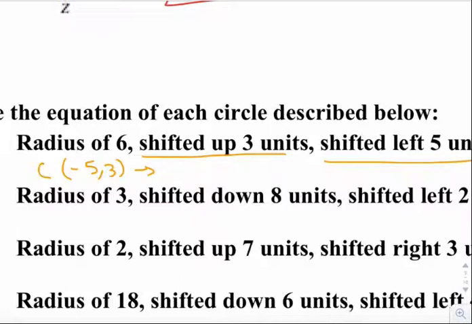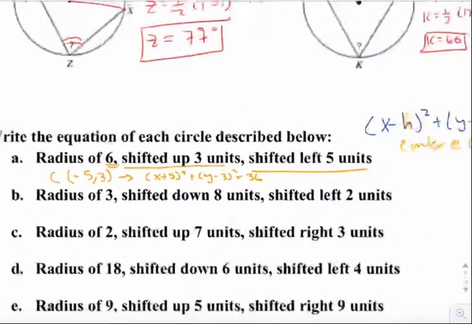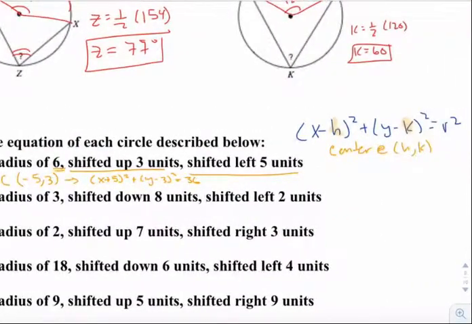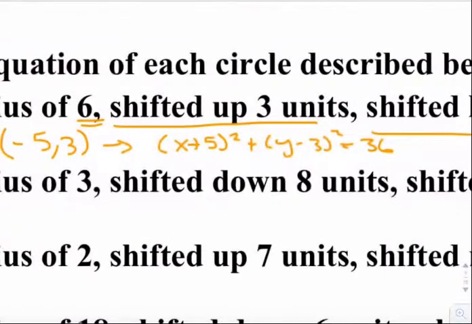Because if we shift left from 0, 5 are negative, and then up 3 is +3. My new equation should be x plus 5 squared, y minus 3 squared is equal to 36. And I'm getting 36 because of r squared. Remember, it's just the Pythagorean theorem, so we do have to square the radius. And so 6 squared, of course, is 36.